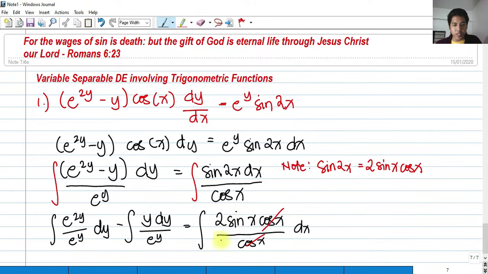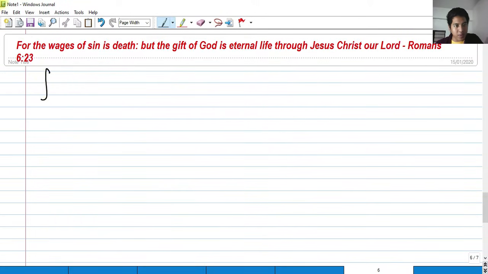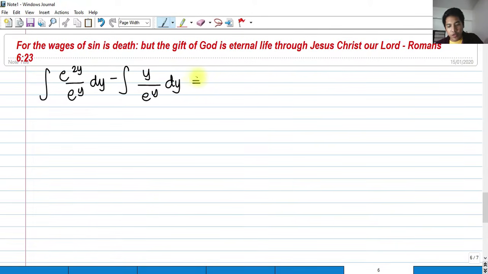So this is simply the integral of 2 sine of x and then a dx. So let's proceed, let me just copy again. We have e raised to 2y over e raised to y dy minus y over e raised to y dy is equivalent now to the integral of 2 sine of x dx.